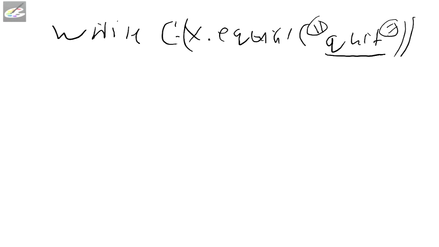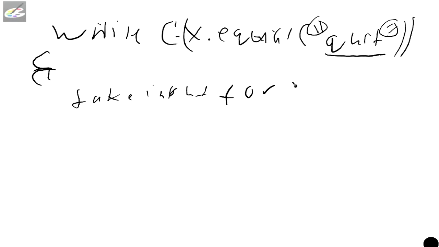As it's going through, you're going to have the user input something. So you're going to say, take input for X. Now, let's say they keep going through this loop until they want to quit. You have that same diagram again.